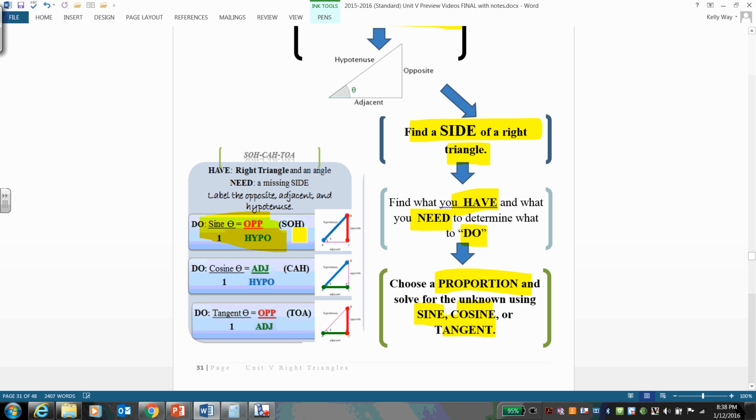There's your sine proportion. Sine of theta over 1 equals opposite over hypo. Cosine: cosine theta over 1 equals adjacent over hypo. Tangent: tangent theta over 1 equals opposite over adjacent. So that way proportion, fractions. Don't freak out.